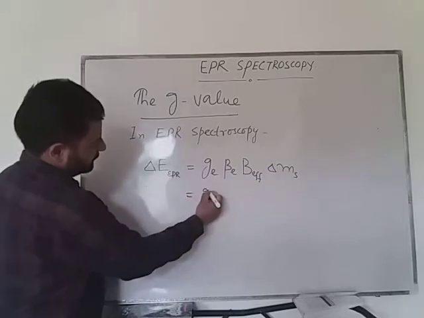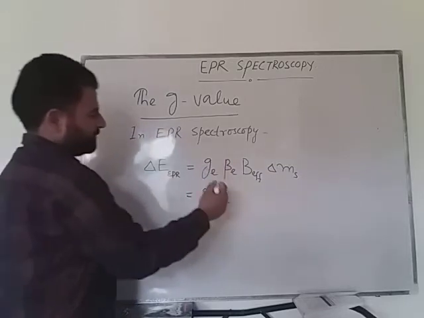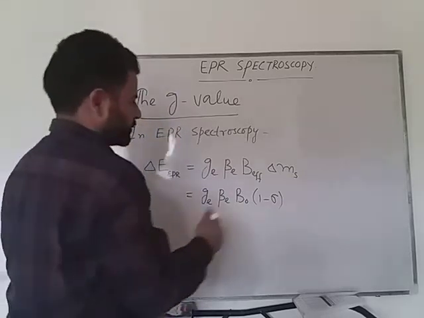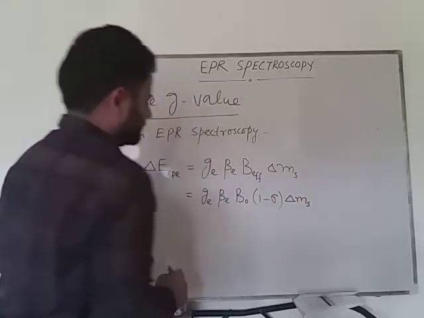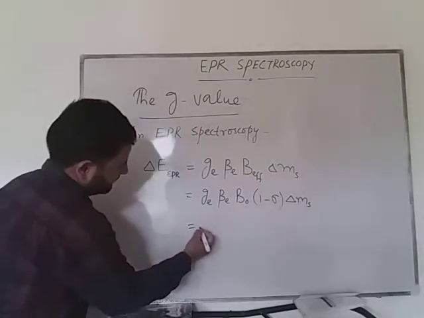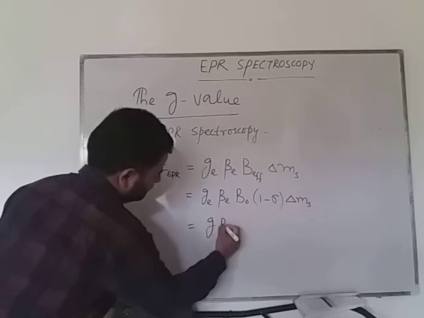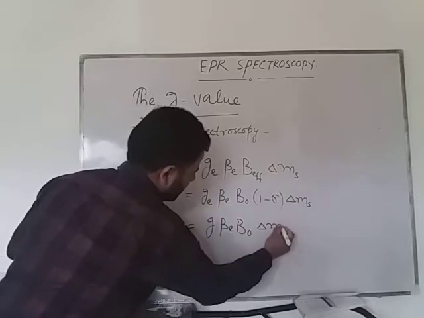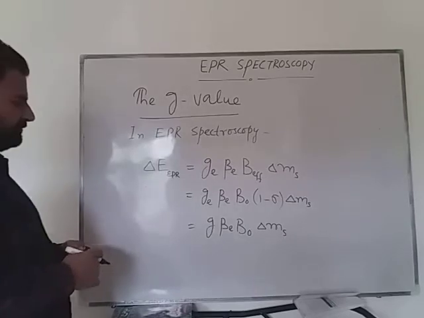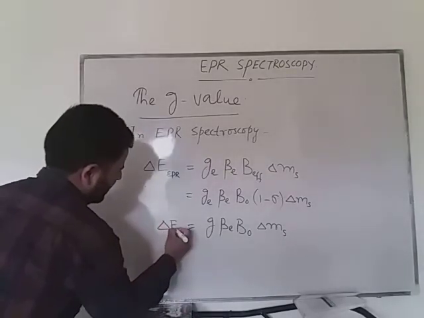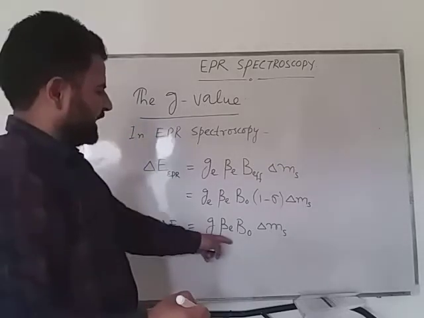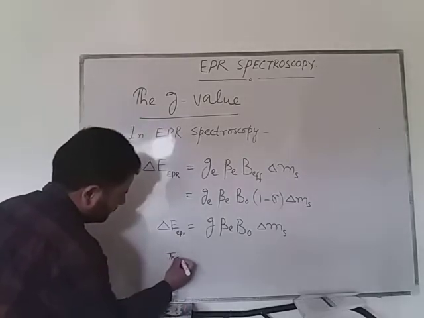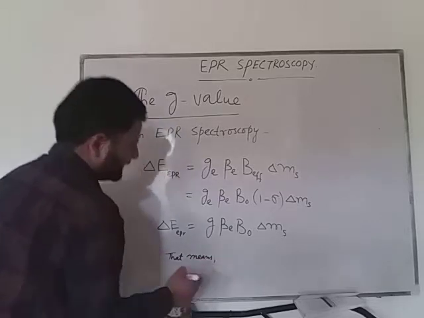So it will be equal to Ge beta e, for B effective we will write B naught 1 minus sigma, likewise in case of NMR spectroscopy, and delta ms. It can also be written as G beta e B naught delta ms. So delta E EPR will be written as G beta e B naught delta ms. What does that mean?